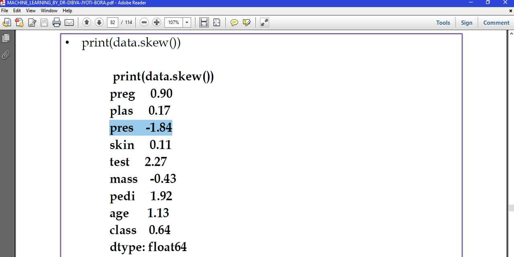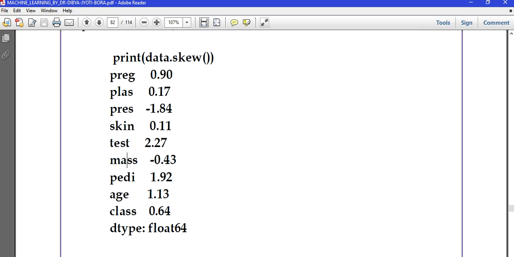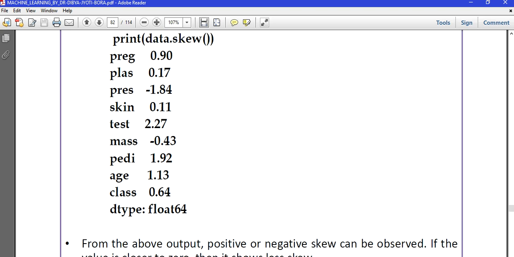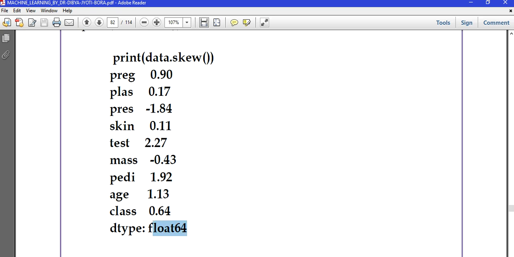You can underline it, you can mark it. Then skin 0.11, test 2.27, mass 0.40, pedi 1.92, age 1.13, class 0.64, and the data type is float64.